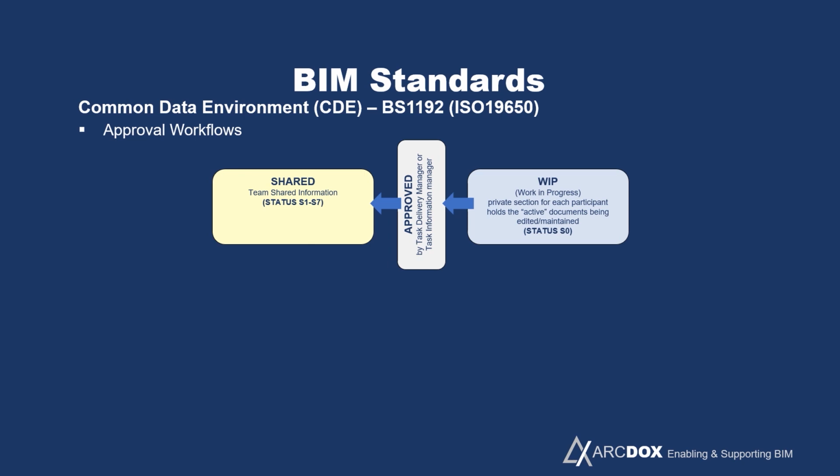So whoever's the designated task delivery manager or task team information manager has to put their stamp of approval, if you like, on that file, saying that it's allowed to be shared outside the organization, and that's recorded. So anybody else who discovers a file in the shared state knows already that it's been approved and checked by a manager.